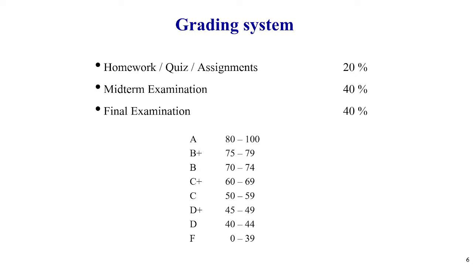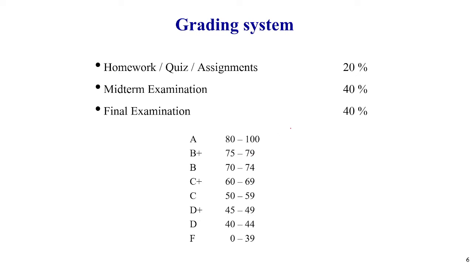For the grading system of this course, we divide it into two parts. We have homework, quizzes, and assignments for maybe 20%, the midterm exam is 40%, and the final exam is 40%.